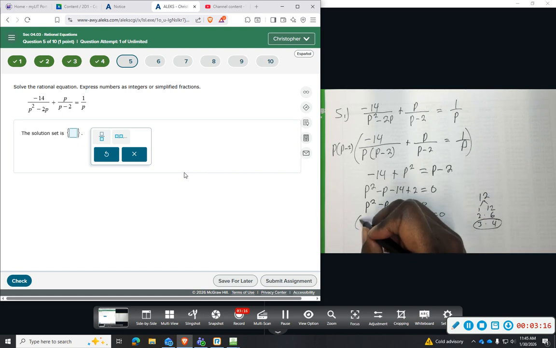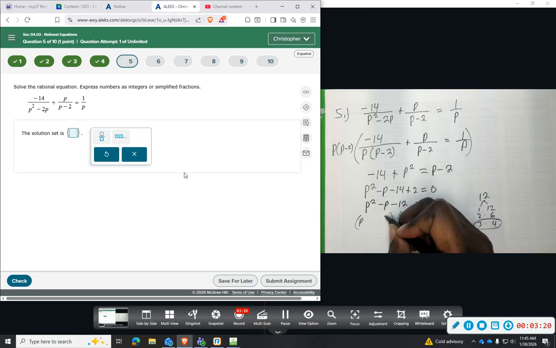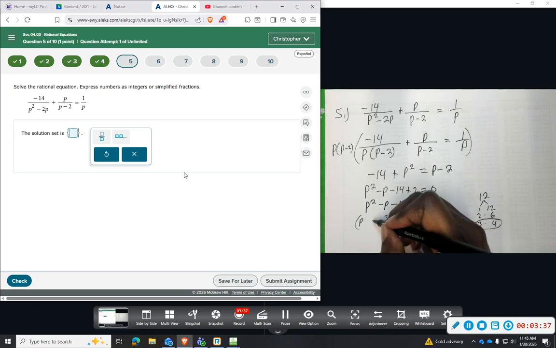We're going to split up the p squared, put the 2 factors at the back, the 3 and 4. And then going left to right, the first sign is the bigger number. So out of 3 and 4, it would be the 4. The second sign is negative, so that tells me that these will be different. Since that's negative, if they're different, this has to be a positive.